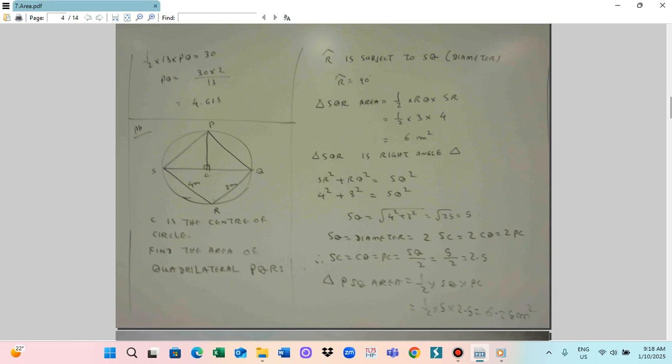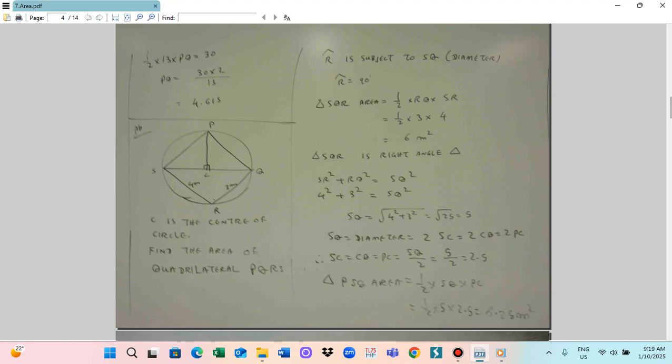SQR means the angle R is 90 degrees because the diameter is subtended to the angle R. According to the geometry, they prove the angle R is 90 degrees because the angle R is opposite to SU, which is the diameter. SU is the diameter. Therefore, the angle R is equal to 90 degrees.